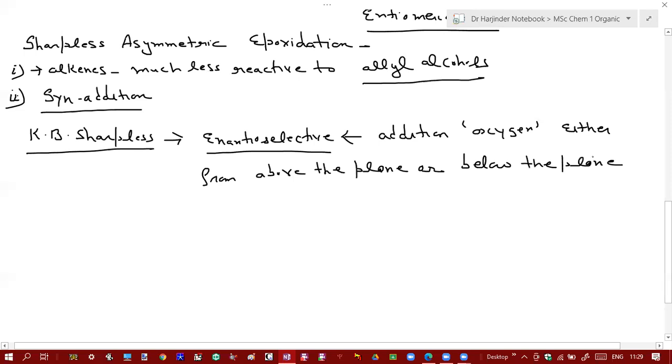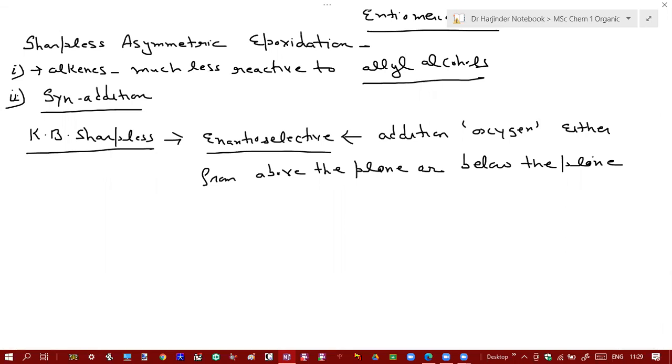So you can prepare a selective product, a selective enantiomeric product. You can get one enantiomer. So this reaction is very selective and it is used for the epoxidation of allyl alcohols.